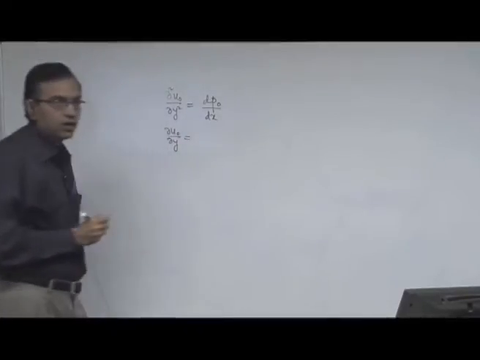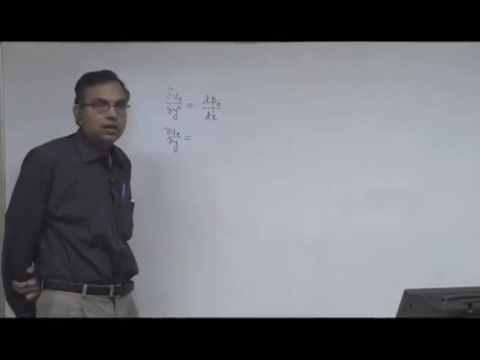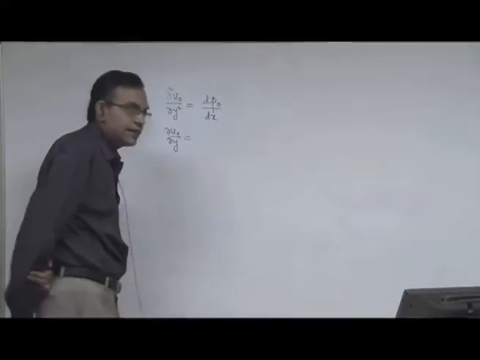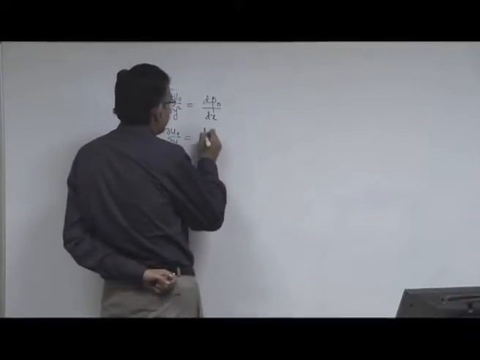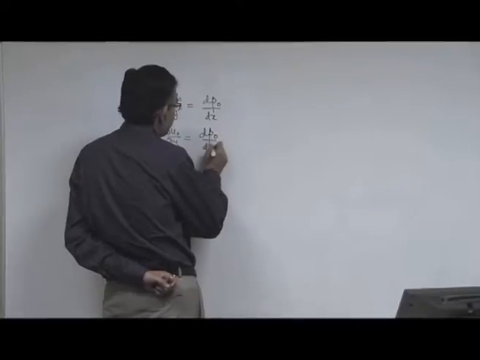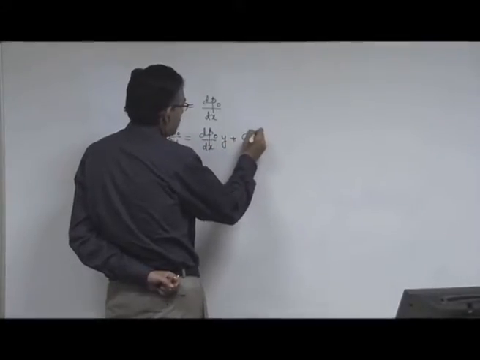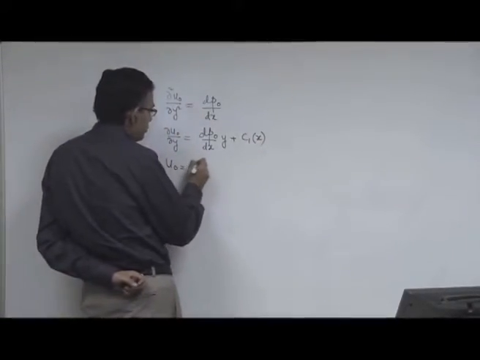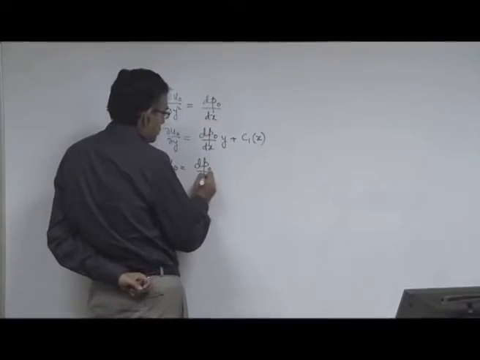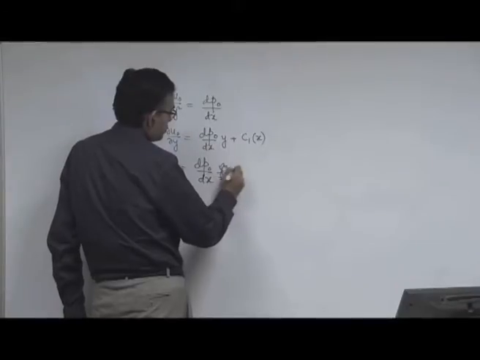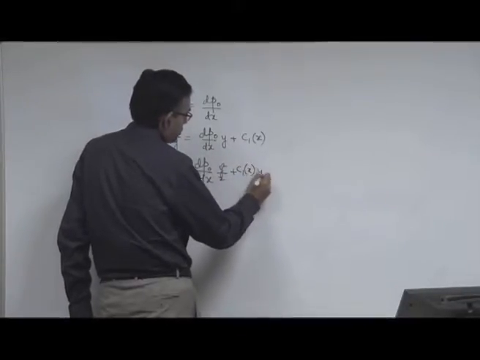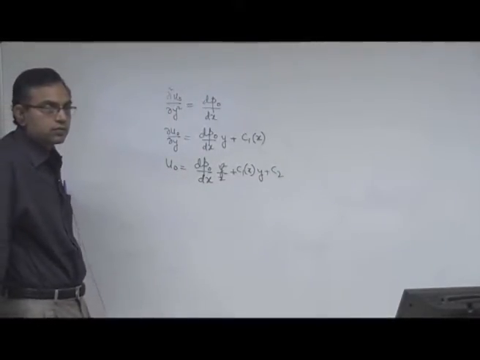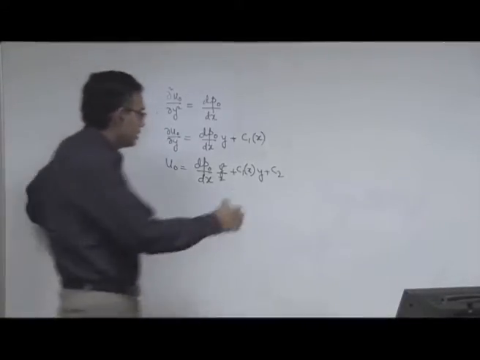This is the first step in the algorithm: you integrate the x momentum equation to get u0. So, del u0 del y, what is that? u0 is equal to, this is a function of x again.